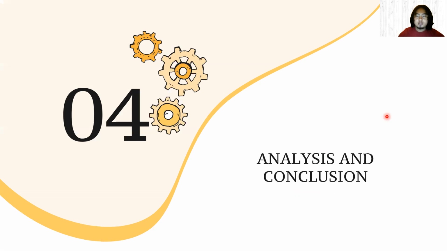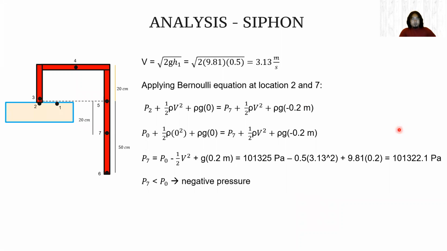Next is the analysis and the conclusion. Analyzing the siphon, from the working principle, I explained that V is equal to the square root of 2gH1. Here we will measure the pressure P at location 7.